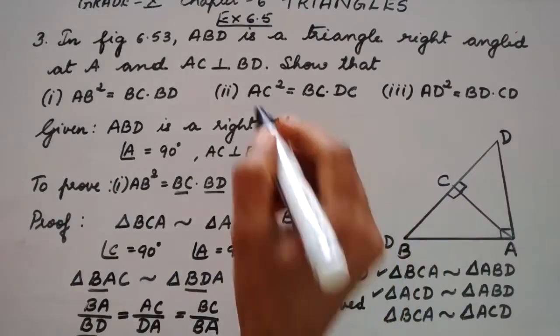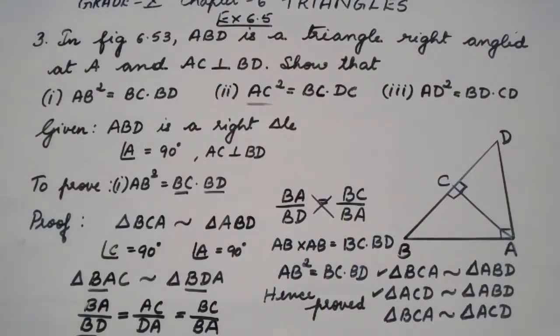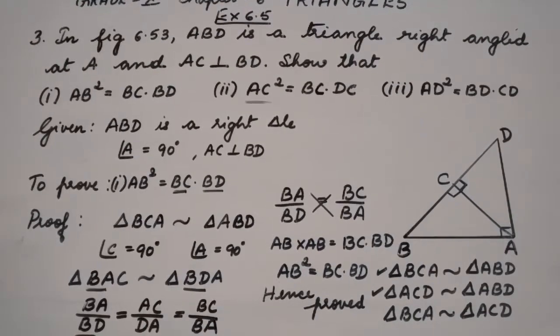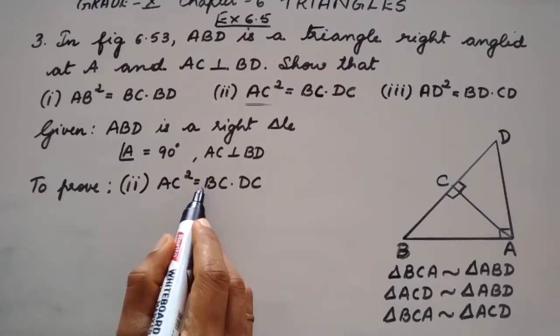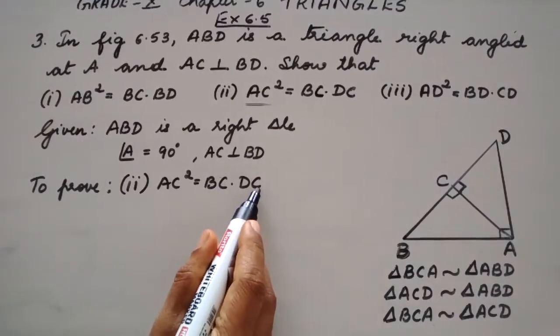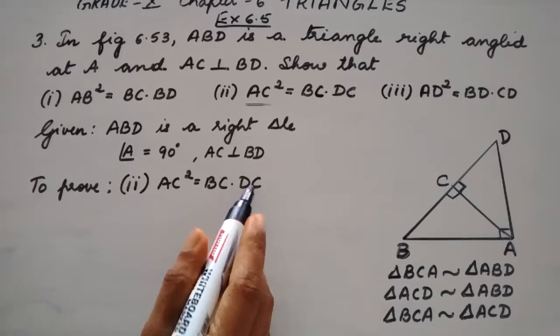Now let us prove the second one, that is AC square is equal to BC into DC. So we have to prove this now.